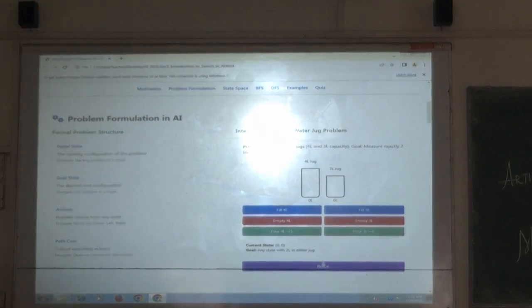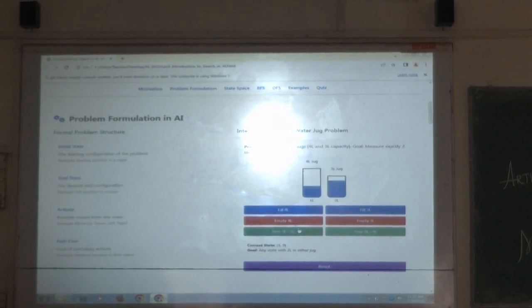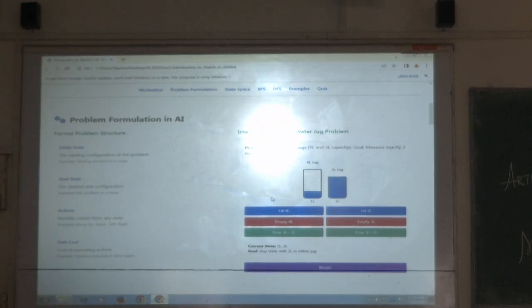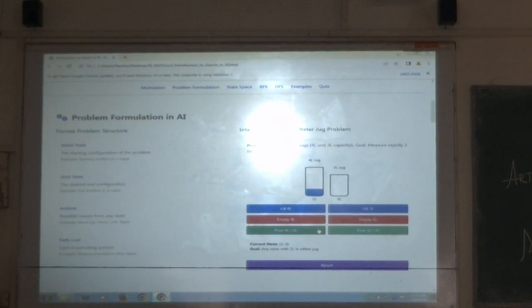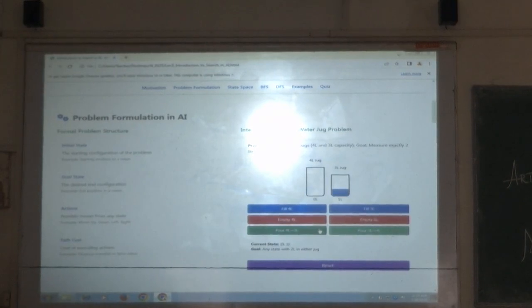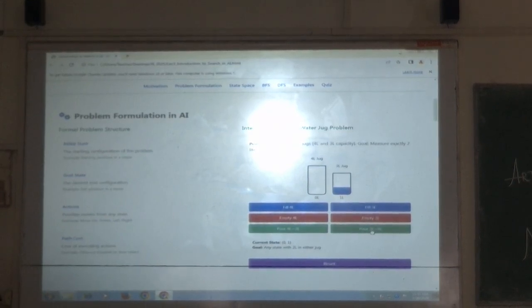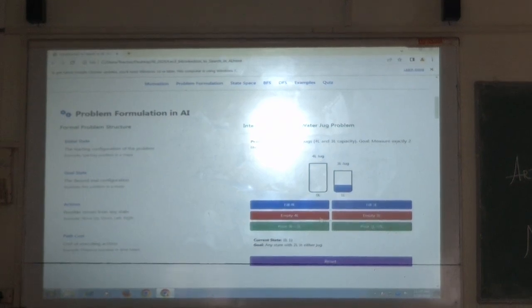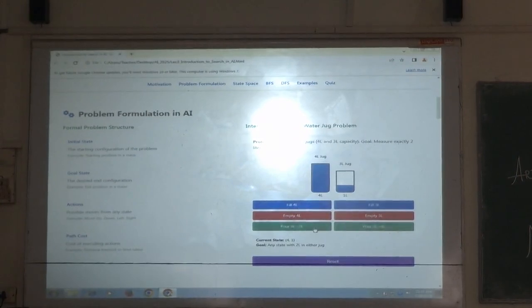First, fill 4 liter. Then from 4 liter to 3 liter. How much? Then empty 3 liter. Then 4 to 3. Then again 3 to... okay, fill the 4 liter, now fill the 4 liter and then 4 to 3.